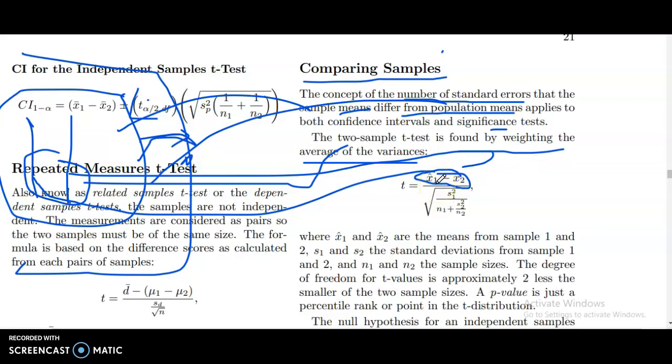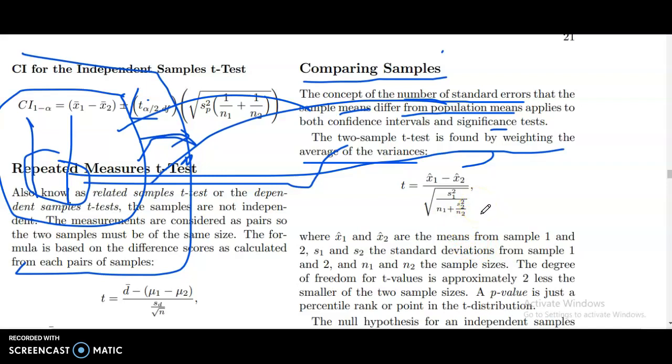Then divide by the root of S1 squared divided by n1 plus S2 squared divided by n2.